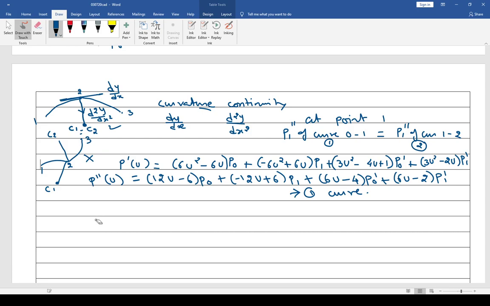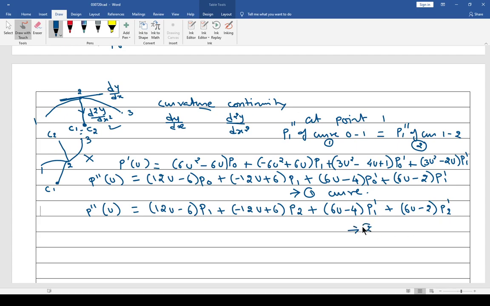Okay, for the second curve, p double dash of u is equal to (12u minus 6) p1 plus (minus 12u plus 6) p2 plus (6u minus 4) p1 dash plus (6u minus 2) p2 dash. So this is for my second curve.